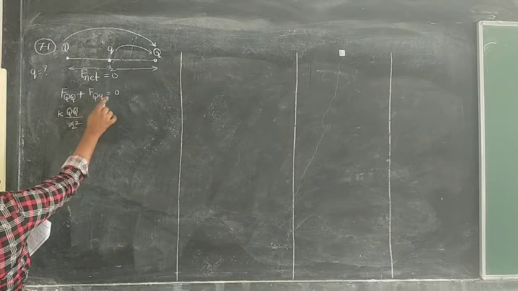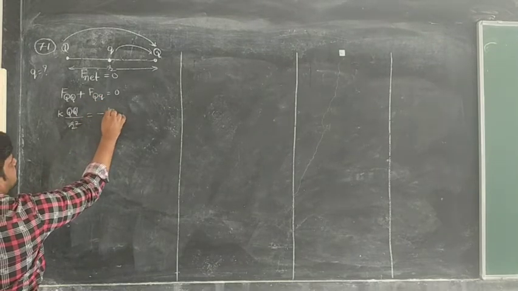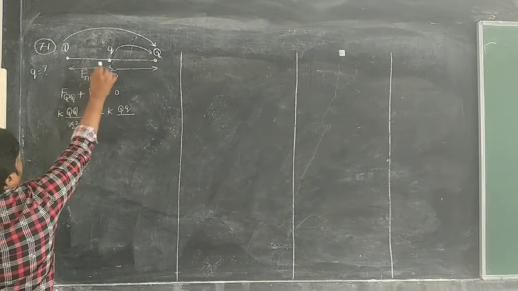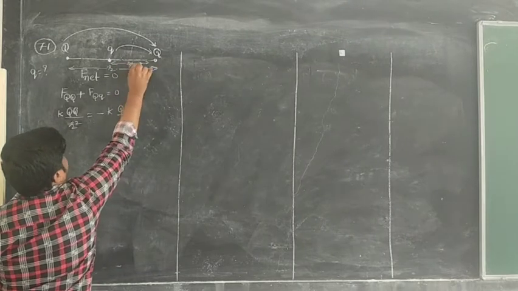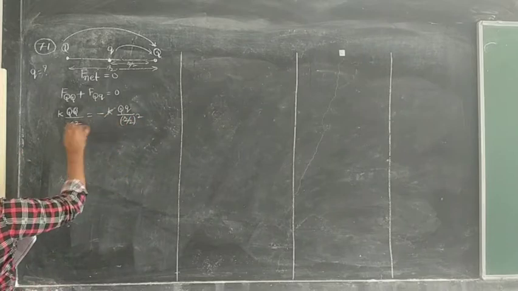This one will go to this side, means minus. The force between these two is K into capital Q small q divided by, in between these two the distance is R by 2, so R by 2 whole square we can take.